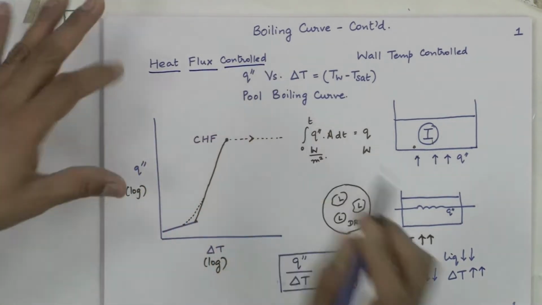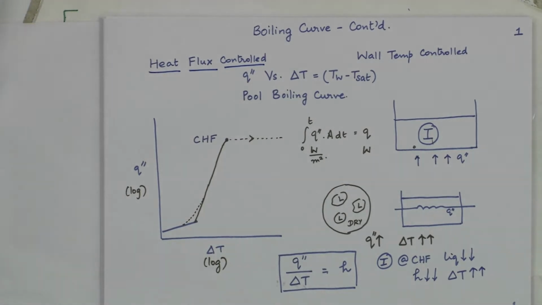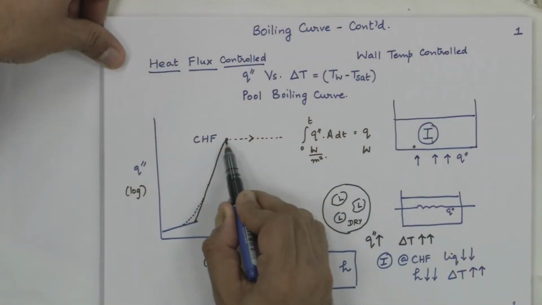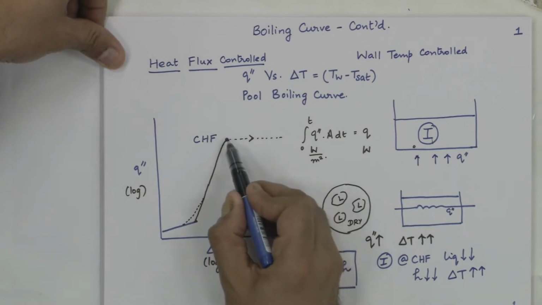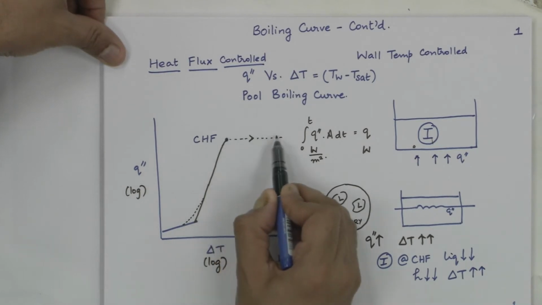So, I have kept the heat flux at some value and just allowed it to go on continuing. There would exist a situation where there would be no more liquid in contact with the heated surface. That situation would cause the wall temperature to rise suddenly, and what you see is a sharp excursion moving along the same Q to the right, or this could happen even at a slightly small increase in Q you do, and immediately you would go to this situation.